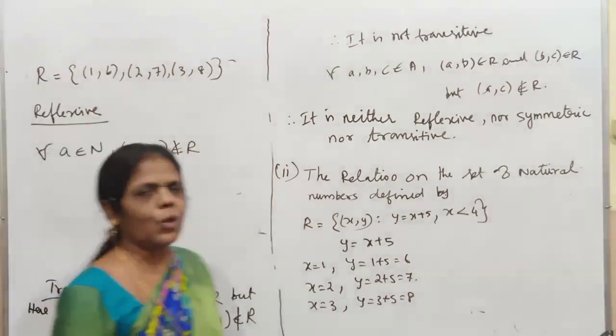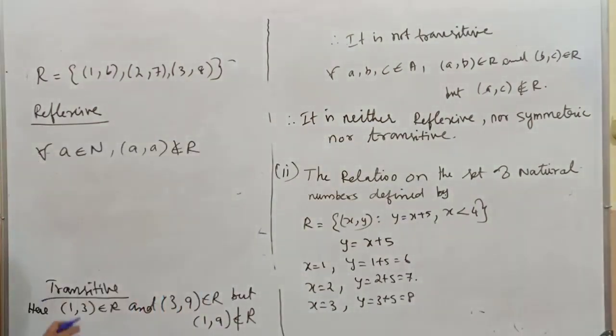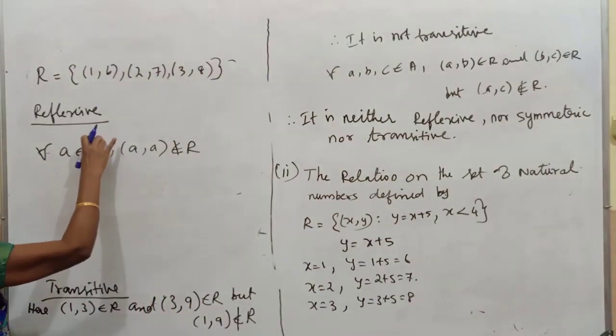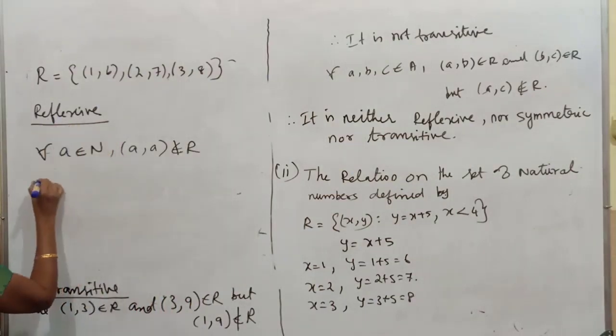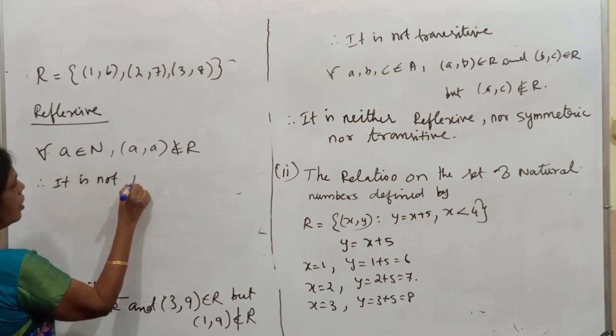Any doubt in this? No element is related to itself. That's why we are generalizing it, because it is a set of natural numbers. So you can say that it is not reflexive.